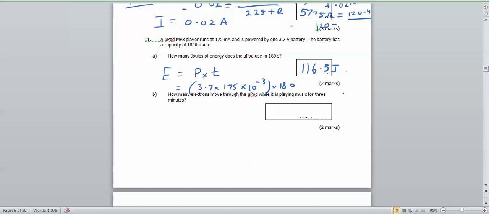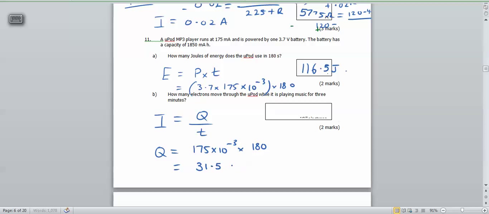How many electrons move through the UPod while it is playing music for 3 minutes? Well, we need to find what the charge is. So the charge is 175 milliamps times 180 seconds, which is equal to 31.5 coulombs.